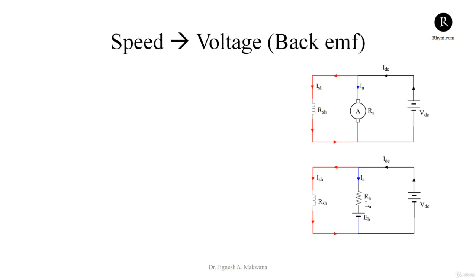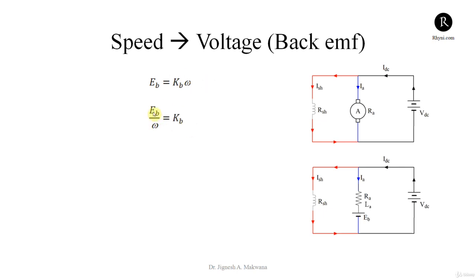Now this is the feedback loop, where speed produces the voltage. The voltage is the back EMF. Back EMF depends upon the speed. The higher the speed, the higher the back EMF, because we are assuming the shunt field winding current is constant. Otherwise, back EMF also depends upon the flux produced by the main pole, which is set by the shunt field current. So back EMF is only proportional to the speed, and the constant is Kb.